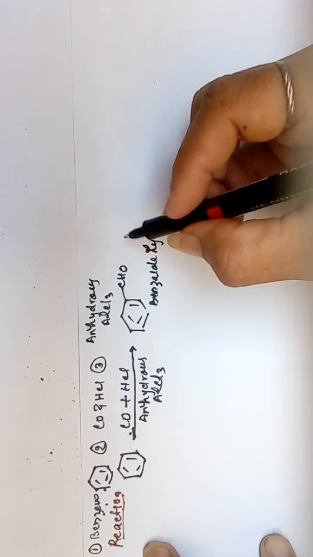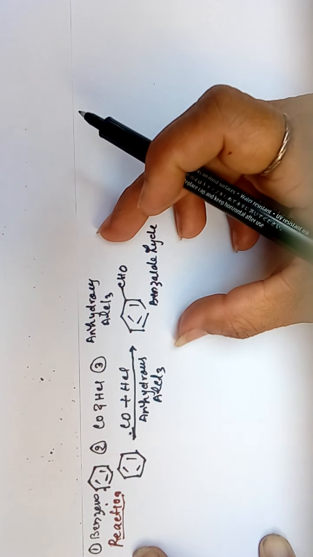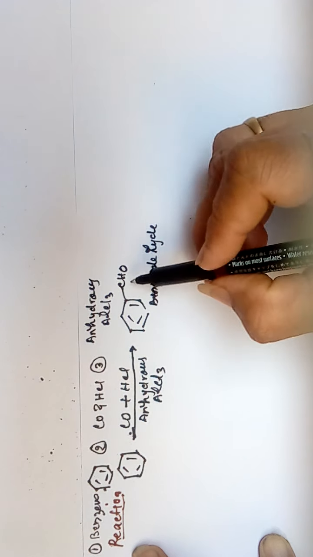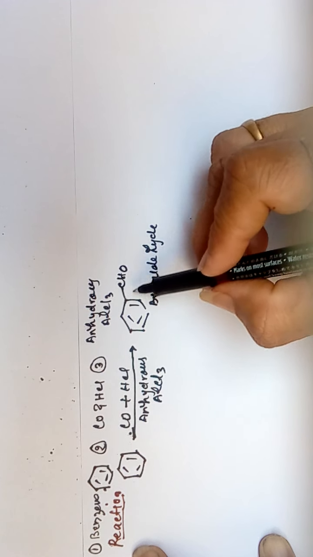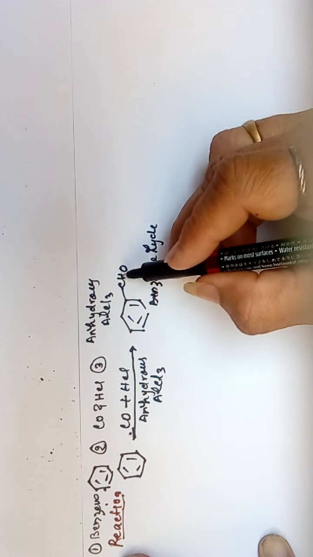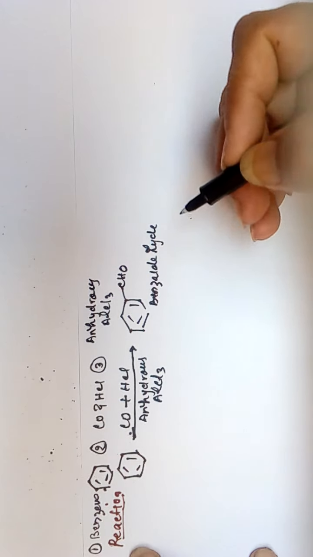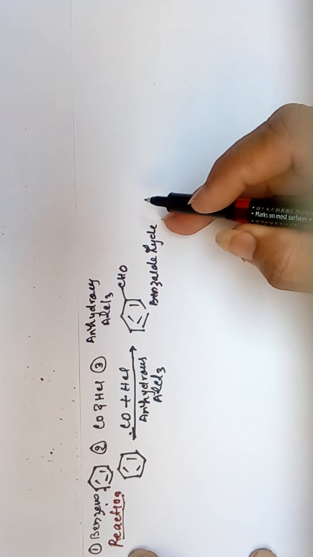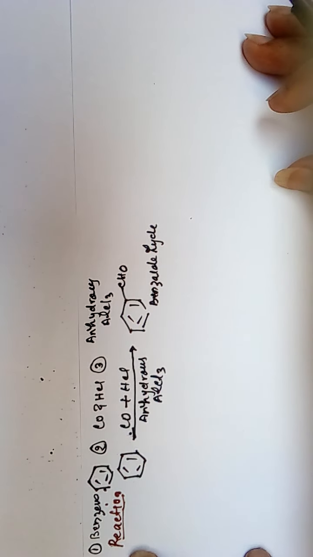This reaction is also known as a formylation reaction because a formyl group, CHO group, is added to the benzene ring. This is called benzaldehyde.